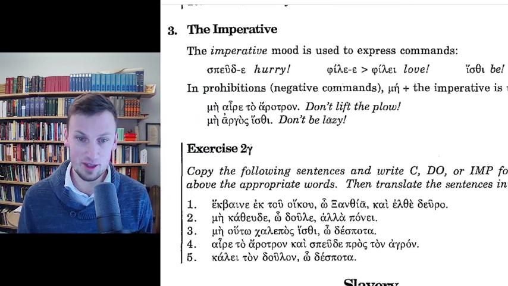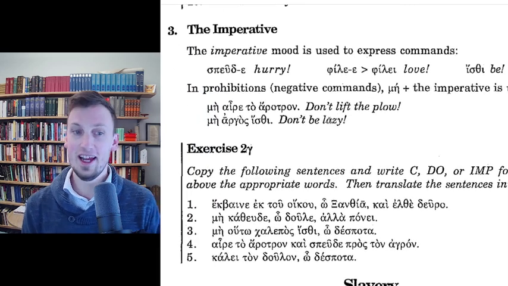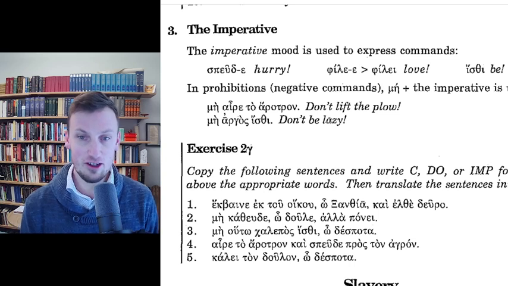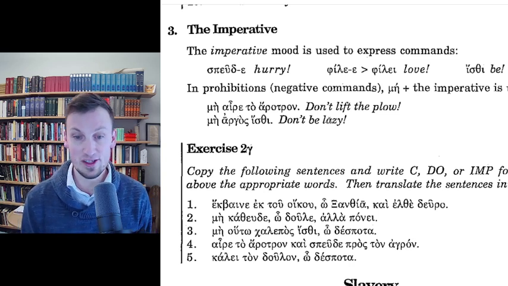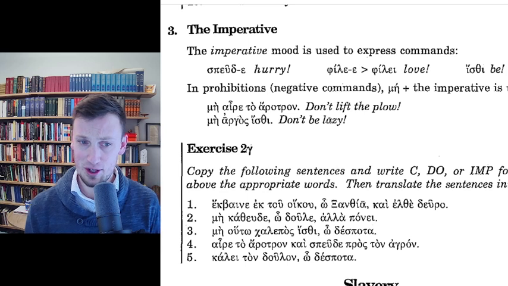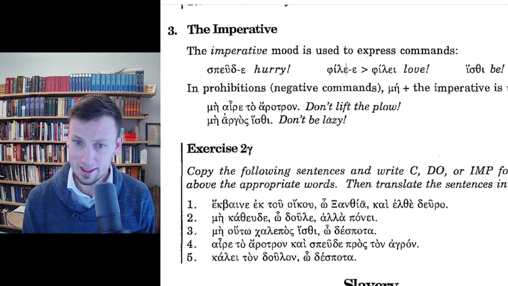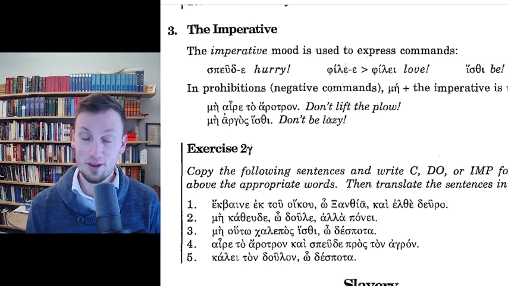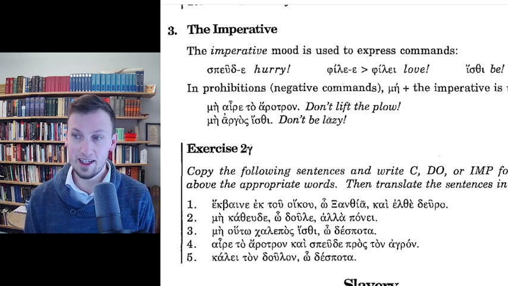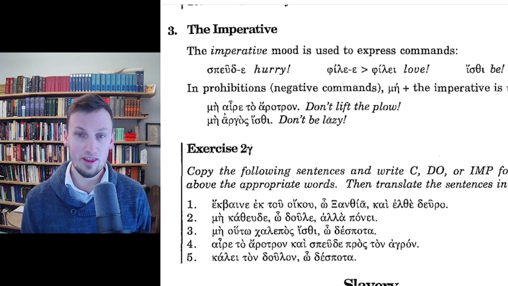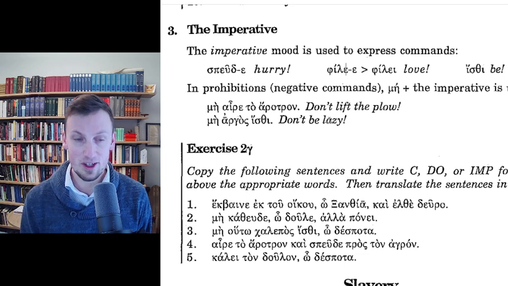This is the sort of thing which most textbooks save for down the road, but you're getting introduced to it here early, so we might as well, despite the fact that there's no real discussion of this, show it to you. The ending is epsilon being added on to a verb, the stem of which ends with an epsilon, so it turns into epsilon iota.